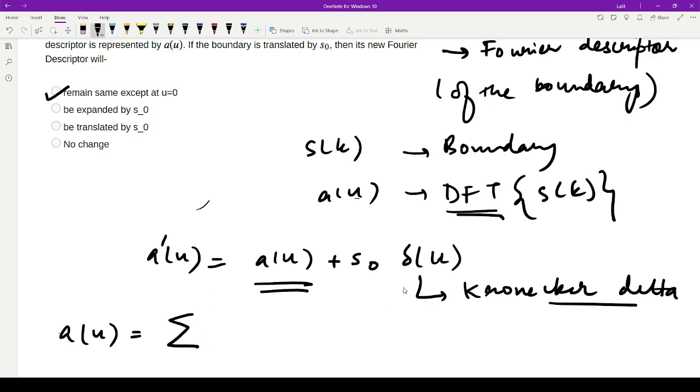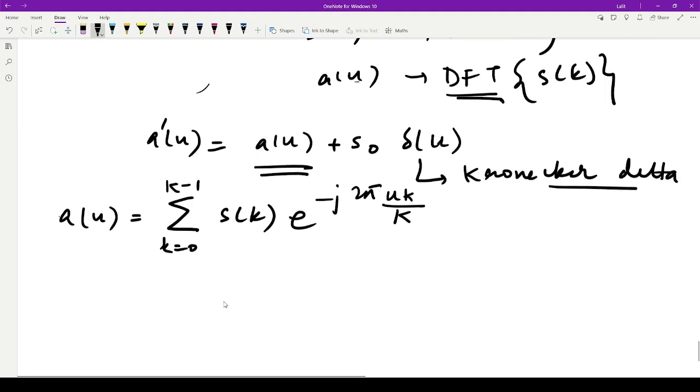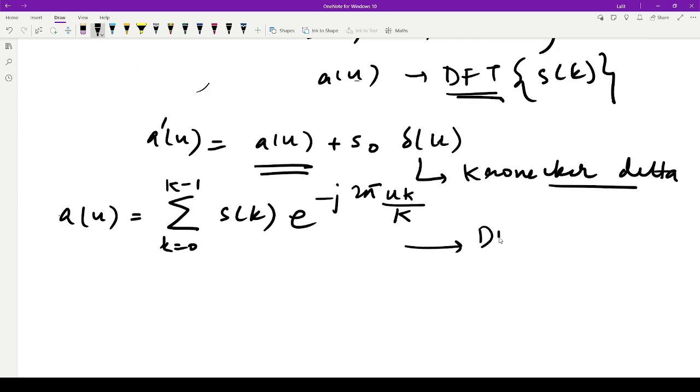You're going from the time or space domain to the frequency domain. Time domain is k and frequency domain is u, so you sum over k. Since you have capital K samples, s(k) is your signal, times e to the power minus j 2 pi u k upon K. This is the DFT of s(k).